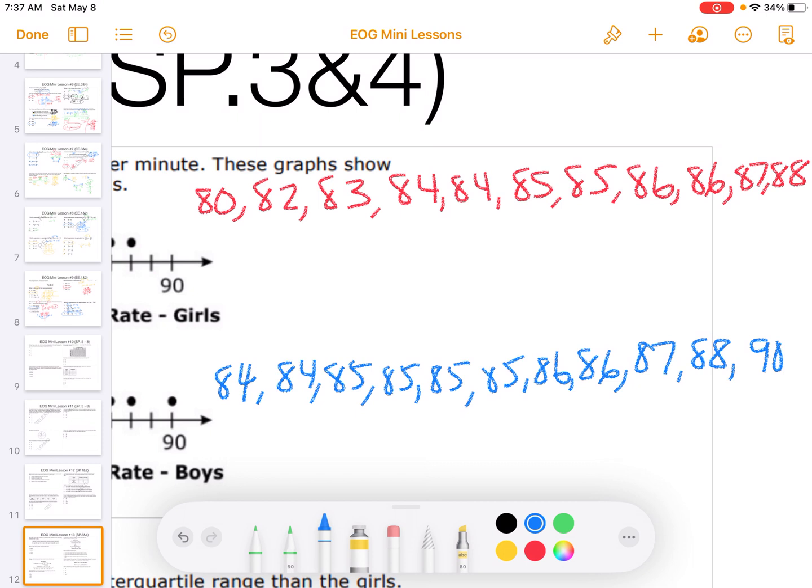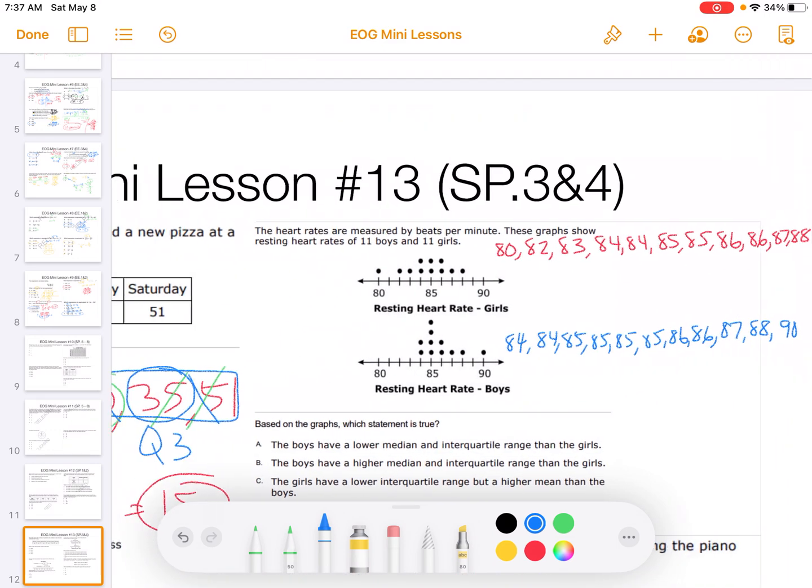So I have 1, 2, 3, 4, 5, 6, 7, 8, 9, 10, 11. I just want to make sure I had all my data before I started. So they want to know which one has the lower median and interquartile range.